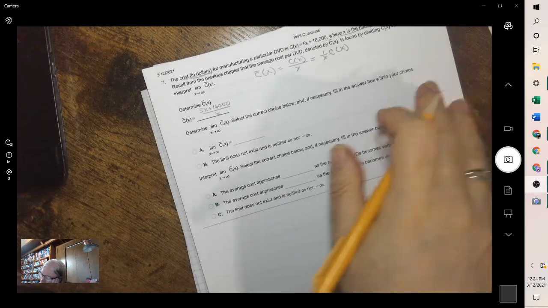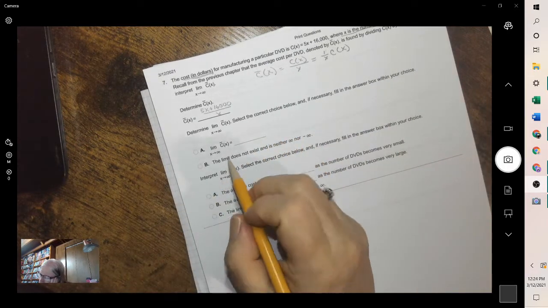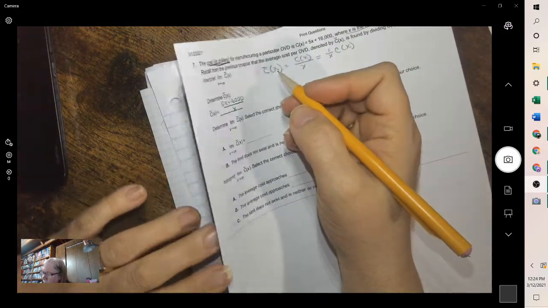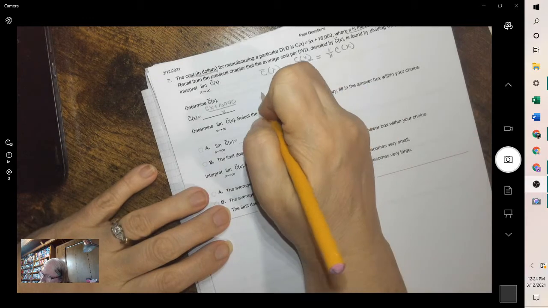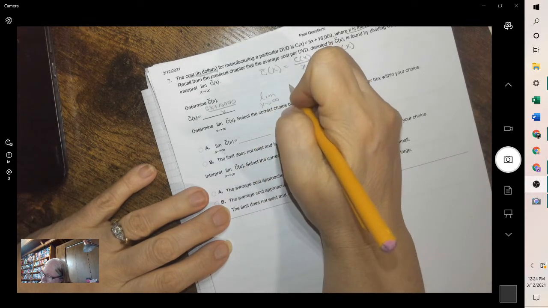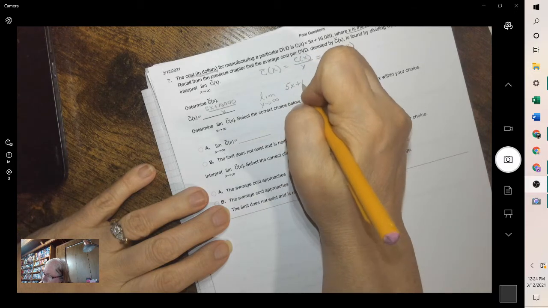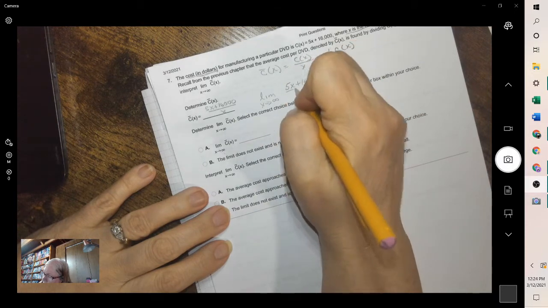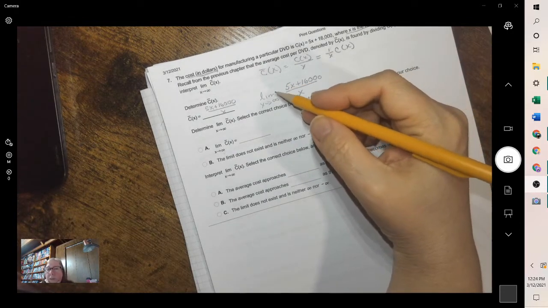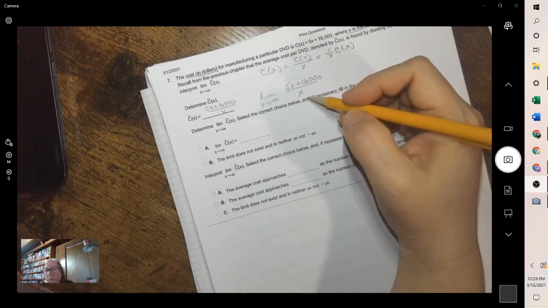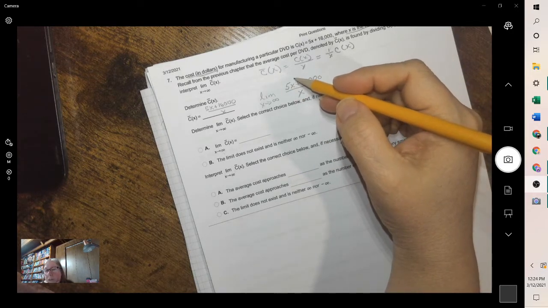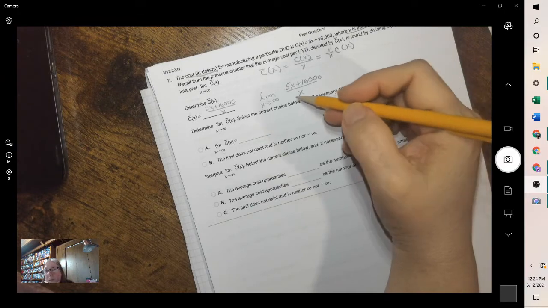Now when you're doing limits to infinity, you look at the degree of the top and bottom, and the degree of the top of this function is 1, because it's your largest exponent, and the degree of the bottom is 1.